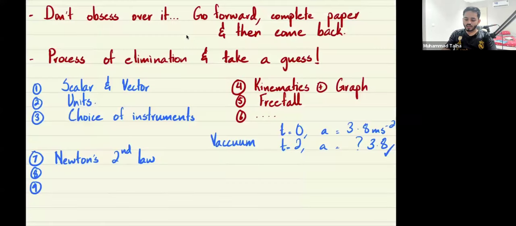If I remember correctly, let me just open up the structured question paper that you guys gave. That's going to give me an even better idea of what could possibly come up. Yeah, it's this one.